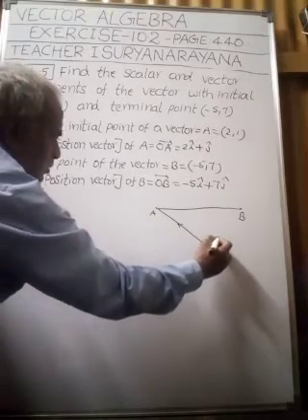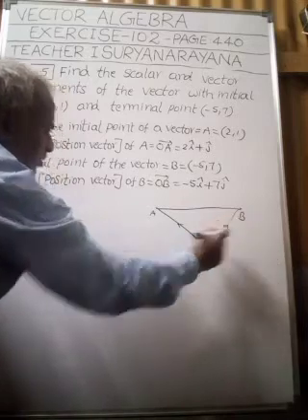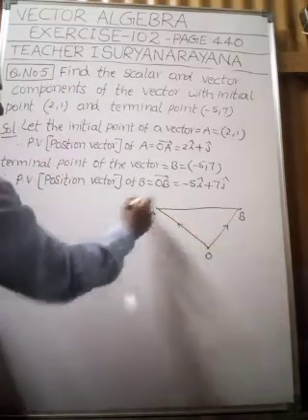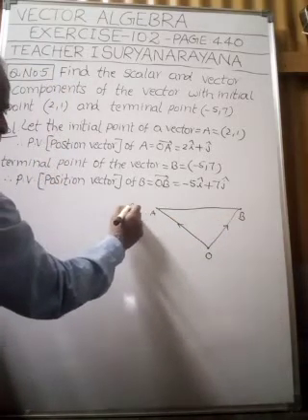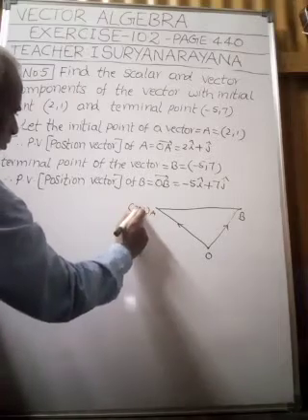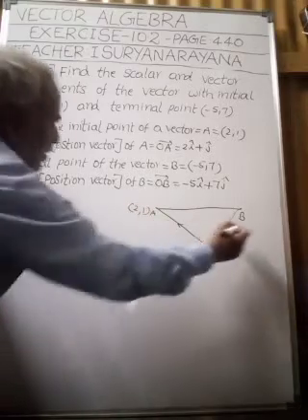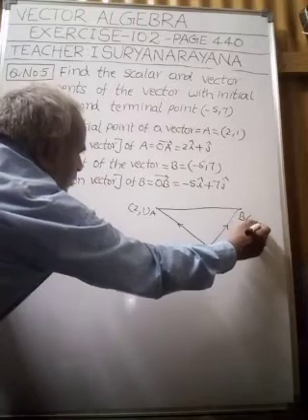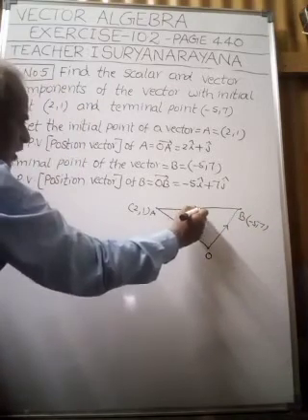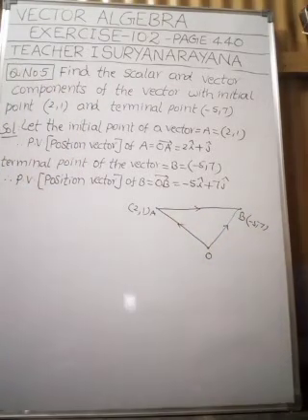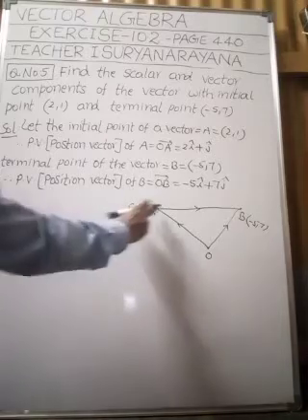OA bar. This is OB bar. Okay, my children. Here 2, 1. Here minus 5, 7. Here we have to find AB bar, the vector joining the points.